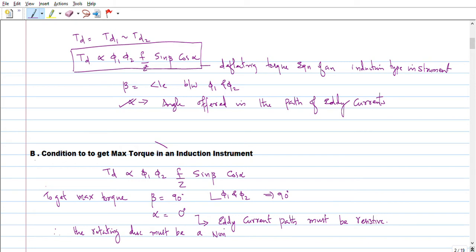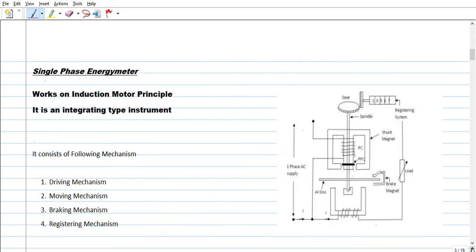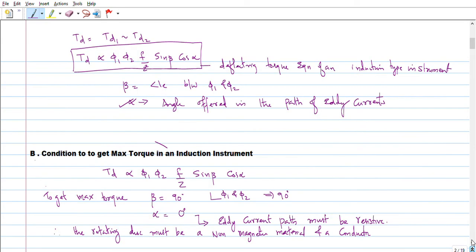And it must be a conductor, because only if current passes will eddy current flow. As we said in the working, this flux has to cut the rotating disc, and as a result the circulating current should flow, and the interaction of current with the flux produces the torque.